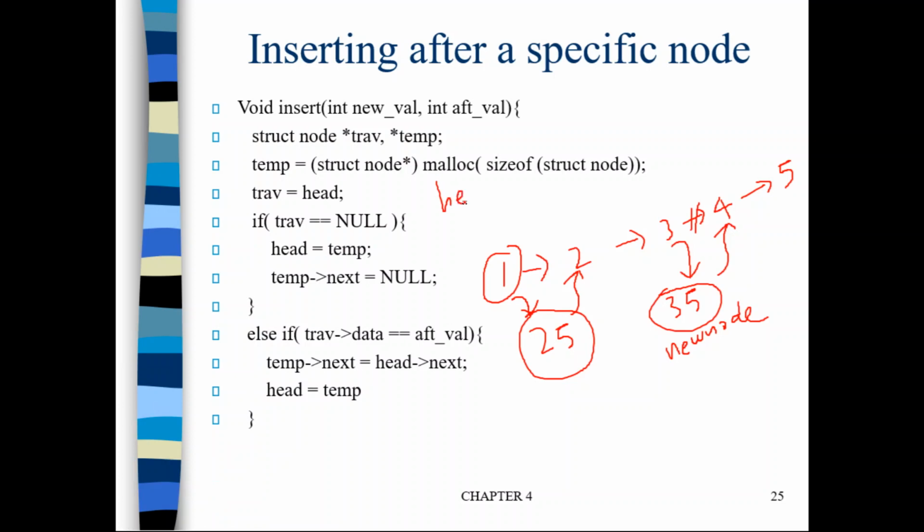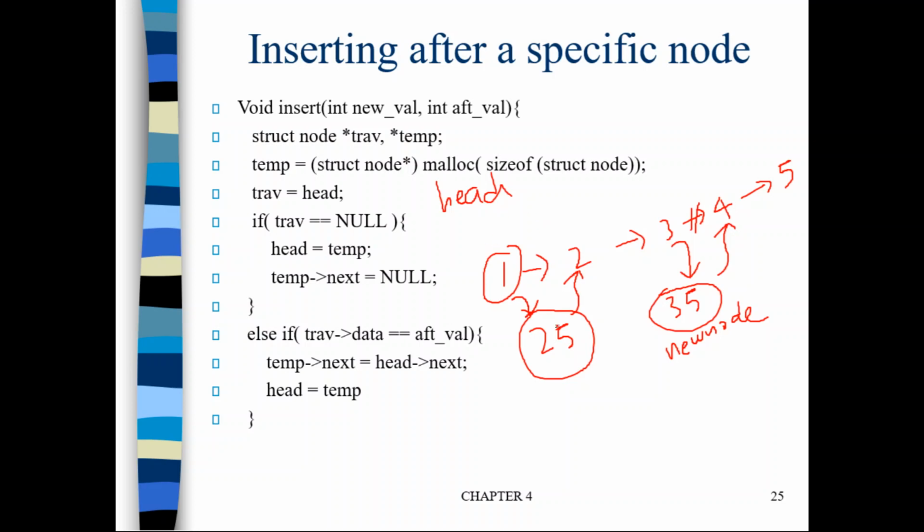So if you want to add a node after the first node, how should the logic be written? Whatever new node you are creating, that new node's next should point to wherever head's next is pointing. Head is nothing but the first node.